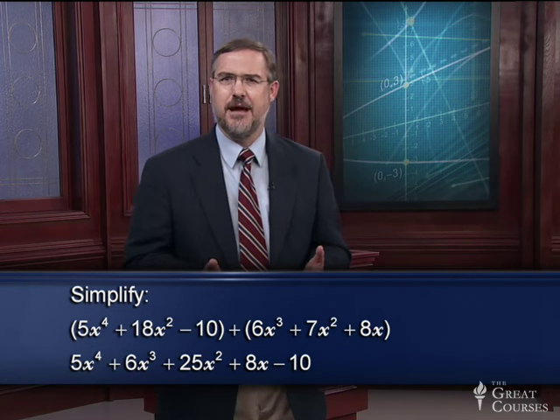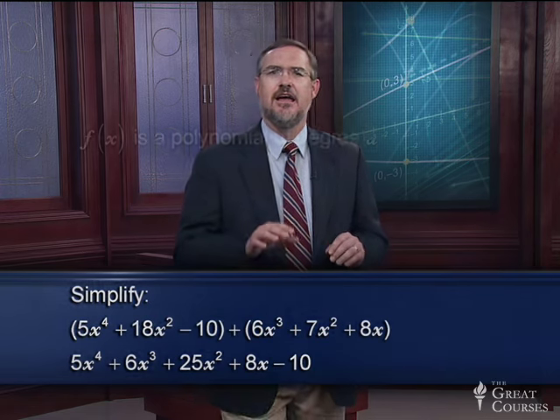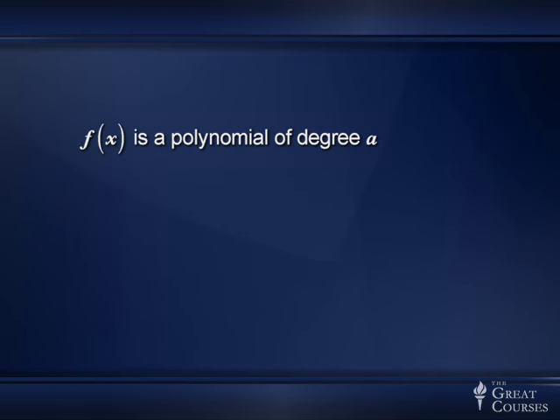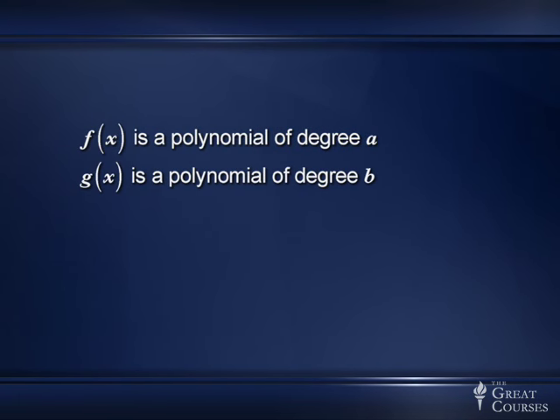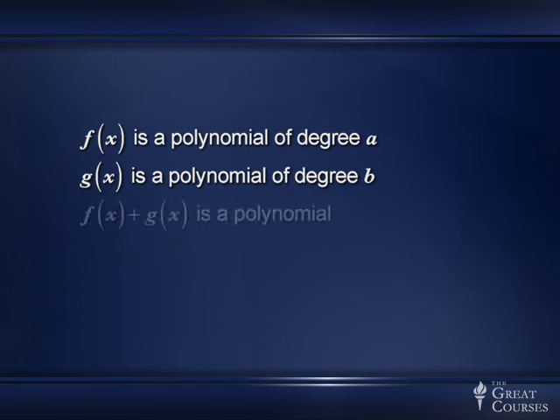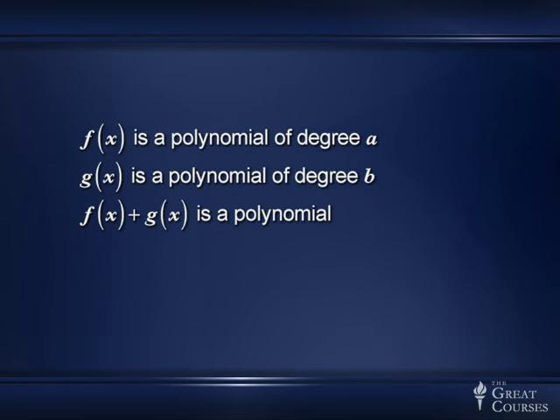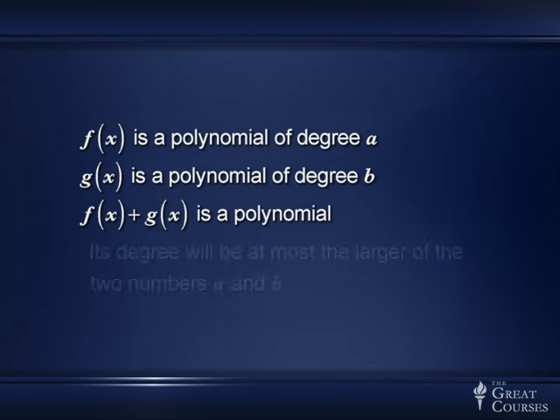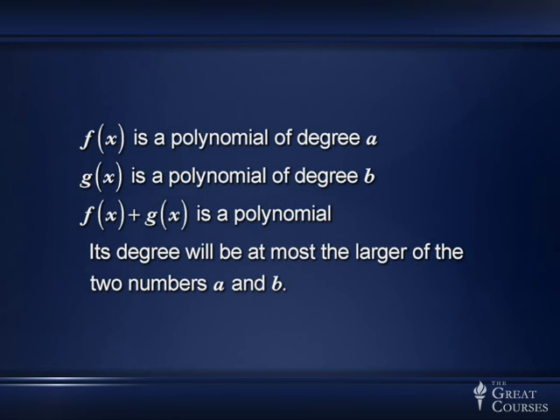Now, can you see the pattern? Well, here it is. If f of x is a polynomial of degree, let's say, a, and g of x is a polynomial of degree b, then f of x plus g of x is also a polynomial, and its degree will be at most the larger of the two numbers a and b.